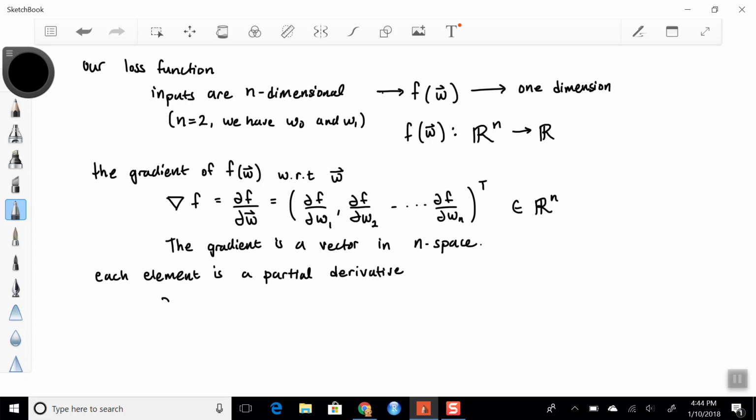So we could say the partial with respect to w sub i is effectively, if you recall the definition of a derivative, 1 over delta times the difference between f at w1 all the way to wi plus delta, and f at w.